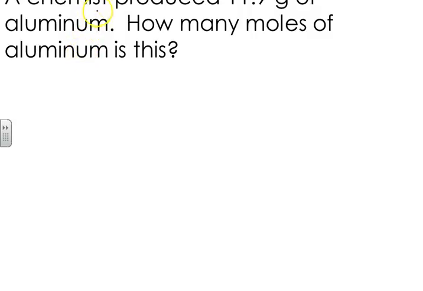All right, next problem. Chemists produced 11.9 grams of aluminum. How many moles of aluminum is this? So we want a conversion factor that's going to lead us to moles of aluminum. Okay.